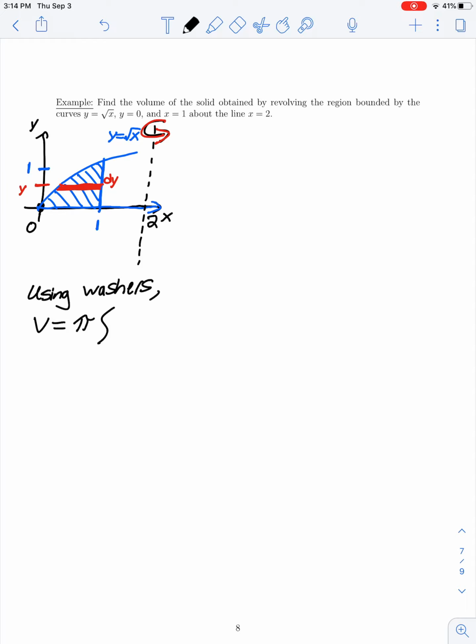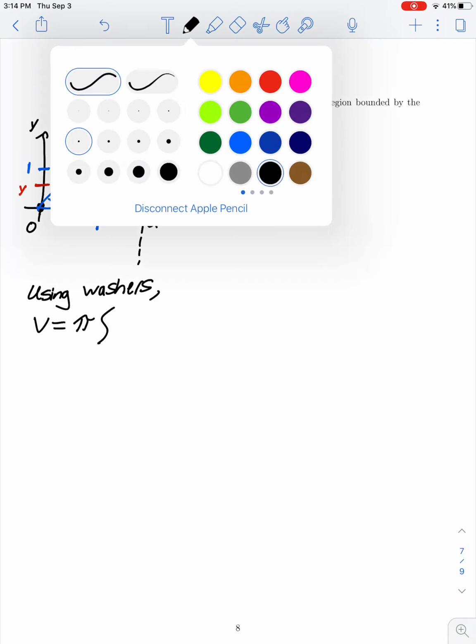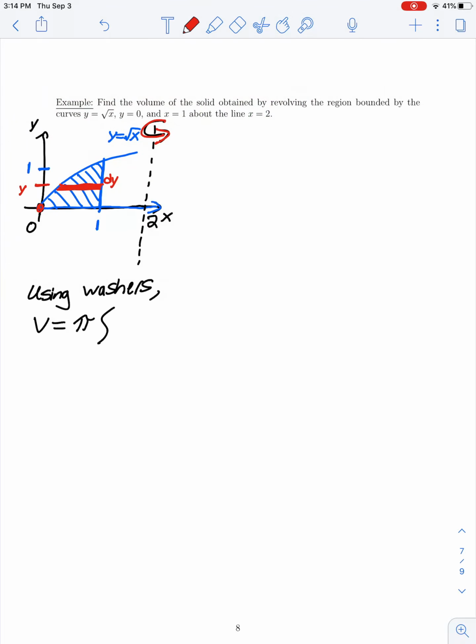In this case, we're integrating with respect to y, since we were using little horizontal slices. And I see that the boundary of my region goes from y equals 0 up to y equals 1. So here we're going to integrate from 0 to 1.